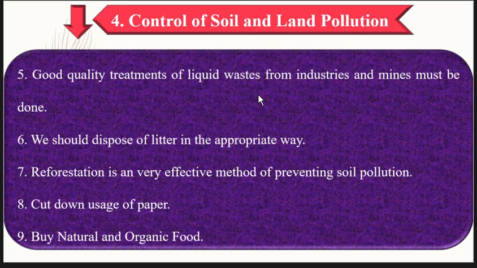Friends, we should generally insist on buying natural and organic food because chemical pesticides and fertilizers are not used in the growing process. Not only are organic foods healthier for the environment, they are also healthier for us. And last is controlling the growth of weeds.